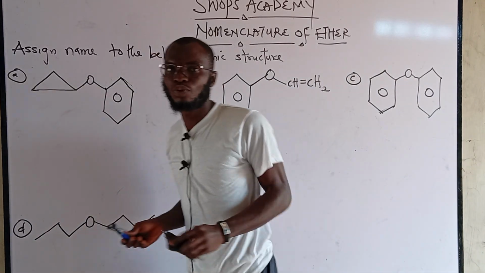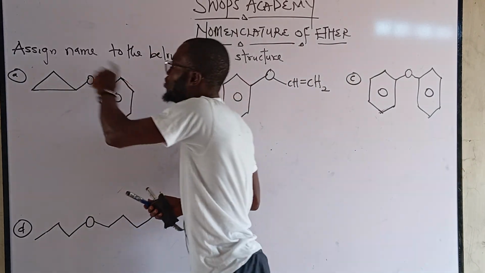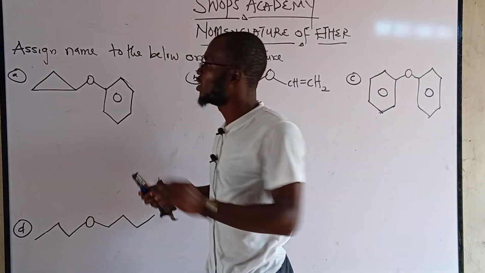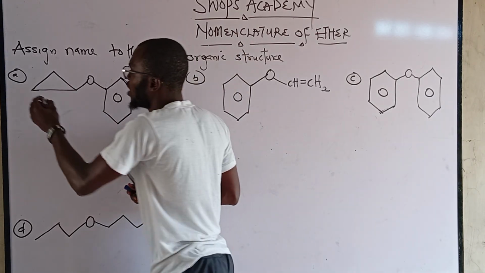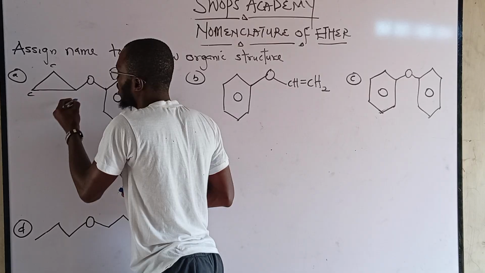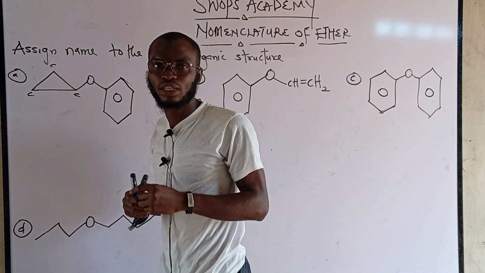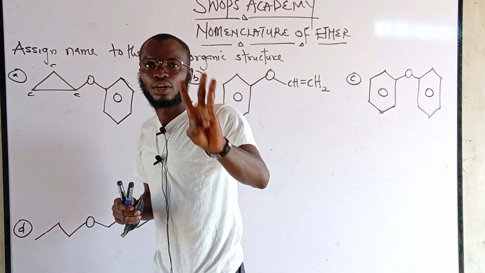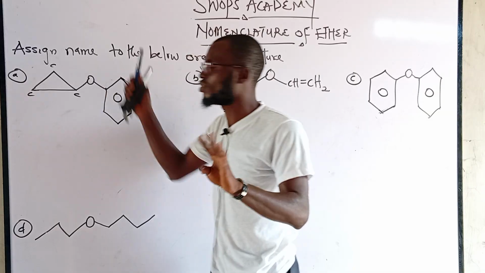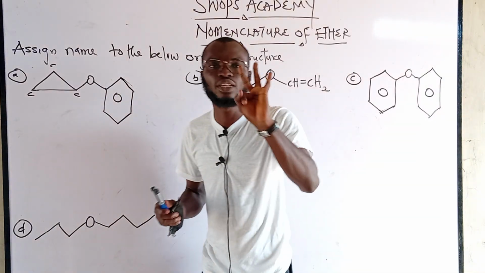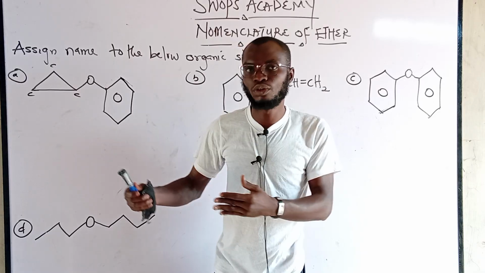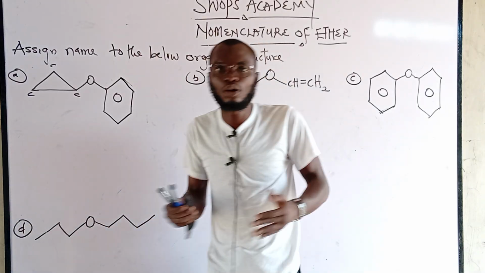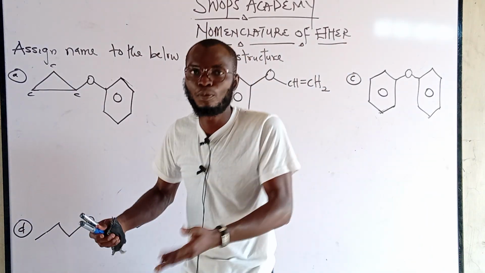You can see this one now. If I want to represent this molecularly, note that we have how many carbons here? We have one carbon here, another carbon here, and another carbon here, making 3 carbons. When we have 3 carbons, as far as organic chemistry is concerned, it is prop-, but we don't know if it is going to be propane or propene or propyne or propanol.